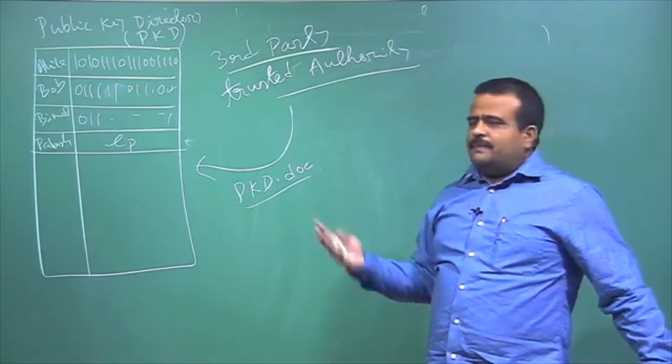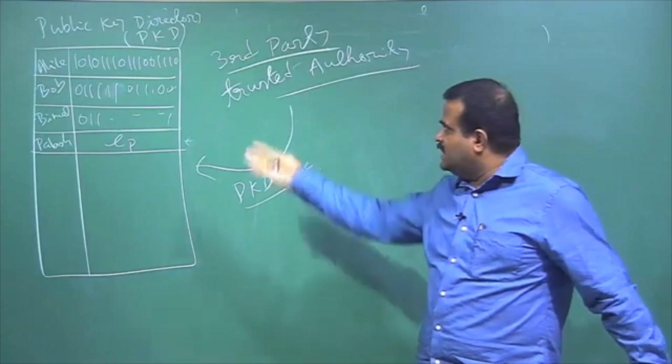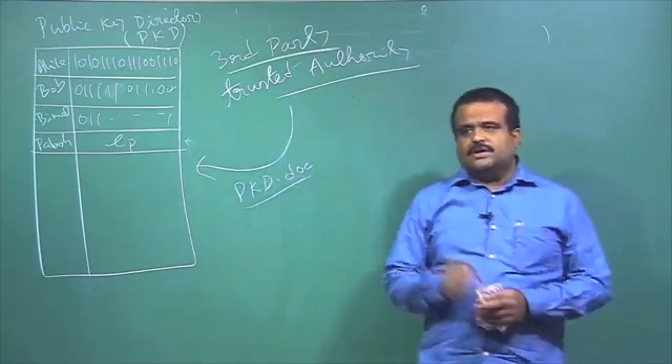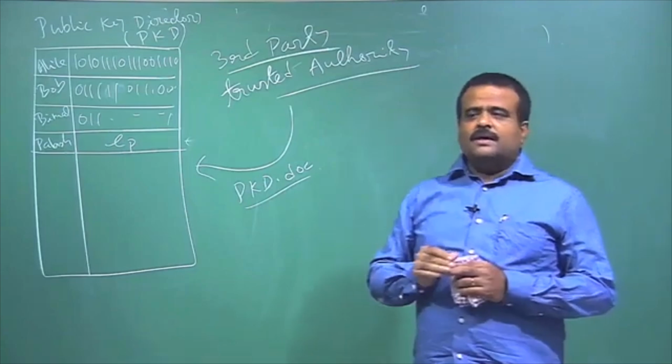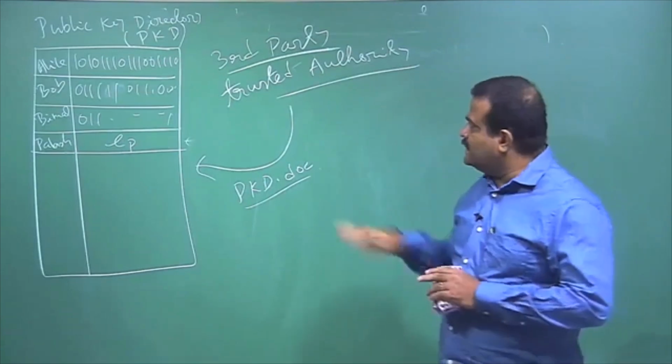If I have to get the public key of somebody, I will ask this authority, hey, give me the key. Otherwise this file can be made read-only. Then I can only read the file, I should not be able to write anything on the file.